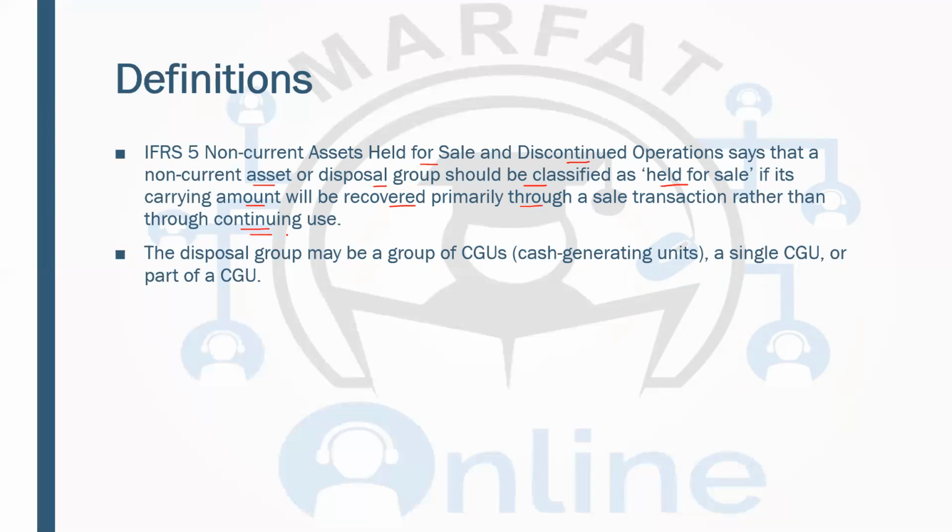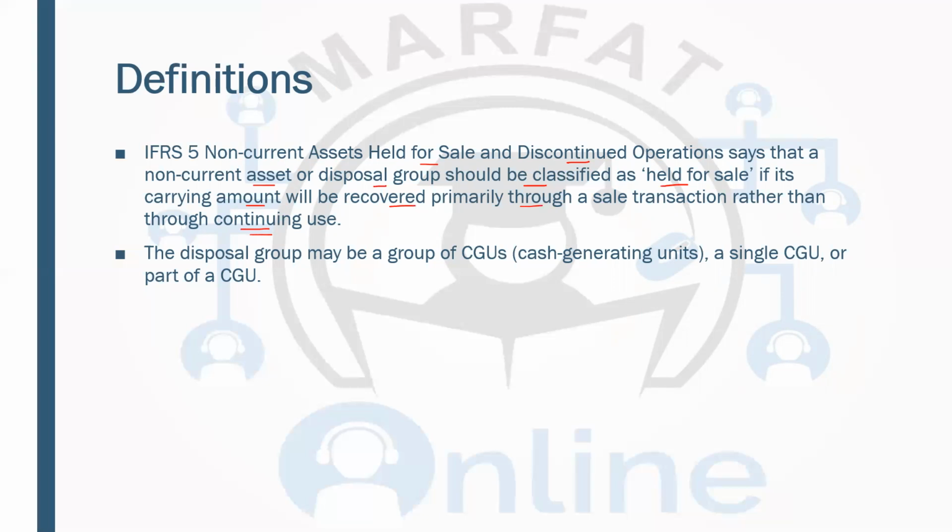And if you now recall my example, which I gave a bit earlier, you had a machine which you were using for production, and it was used to make some units, and then those units were sold in the market. It was generating revenue for the entity when you were using it, and now it will be sold, so its value will be recovered through a sale transaction rather than through use.